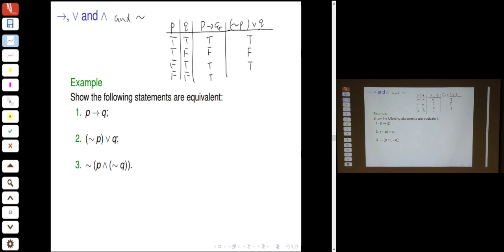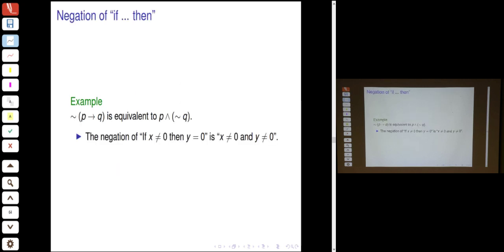For the last row, when P is false, negation of P is true. So the OR will be true. So I also have TFTT. Comparing these two columns, they are exactly the same. So therefore, these two statements are equivalent. Okay. I will not do the other one during the lecture. You can try it. It's equivalent. Okay. Now, how do we take the negation of if-then?